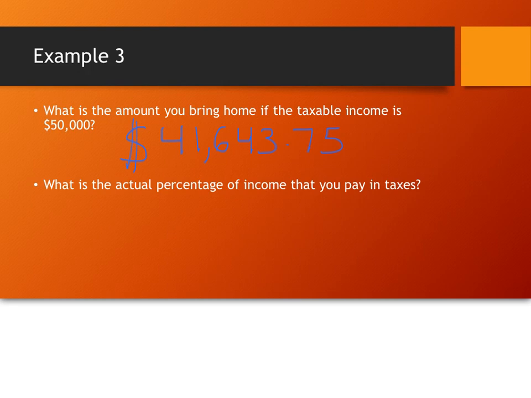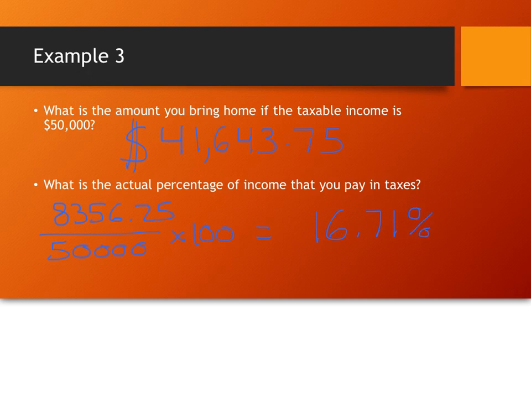Now for the actual percentage, again, we take $8,356.25, divide it by the $50,000 worth of income I started at, and once again multiply by 100 to get percent: 16.71%.